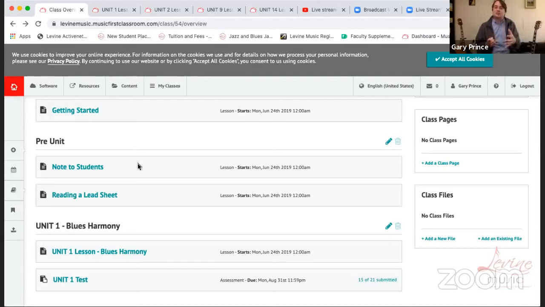So this class is designed to accommodate people who are interested in going in order, progressing from one topic to the next, as well as for people who are interested in jumping around a little bit, filling in the gaps in their knowledge. Because especially what I've discovered in working with a lot of amateur jazz musicians is that some of them might be really well versed in some areas and really not well versed in other areas. So the class could take a beginner, someone totally new to jazz, who has basic music theory knowledge, through the course in order. It could also accommodate jumping around.